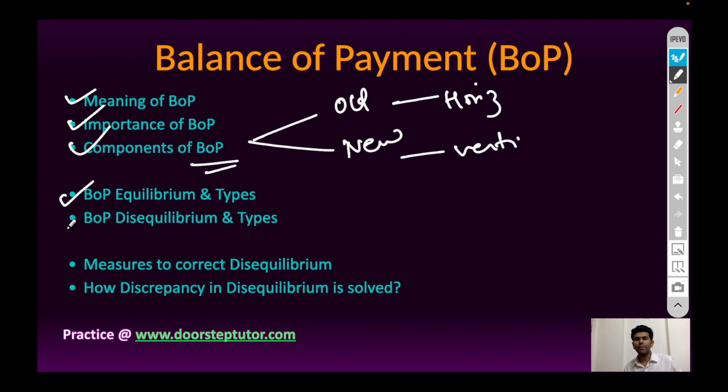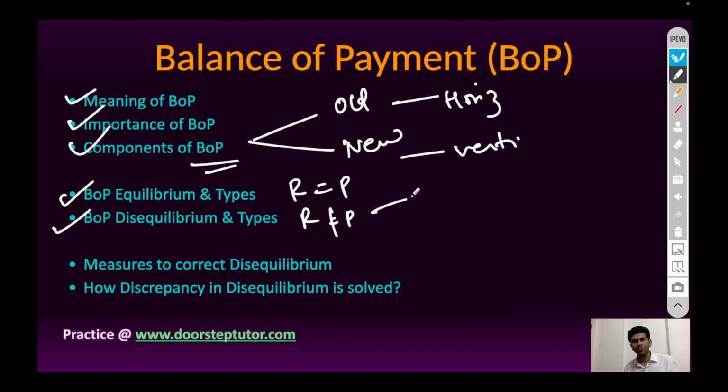Either there will be balance of payment equilibrium or disequilibrium. When receipt is equal to payment, inflow is equal to outflow, credit side is equal to debit side, there will be equilibrium. Two types of equilibrium: static equilibrium and dynamic equilibrium. Balance of payment disequilibrium: when receipt and payment are not equal, inflow and outflow are not equal, or credit side and debit side are not equal, then there will be disequilibrium.